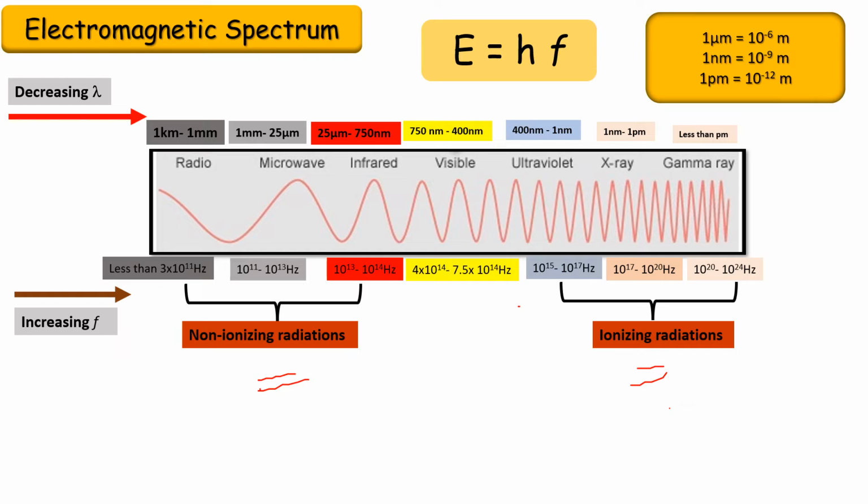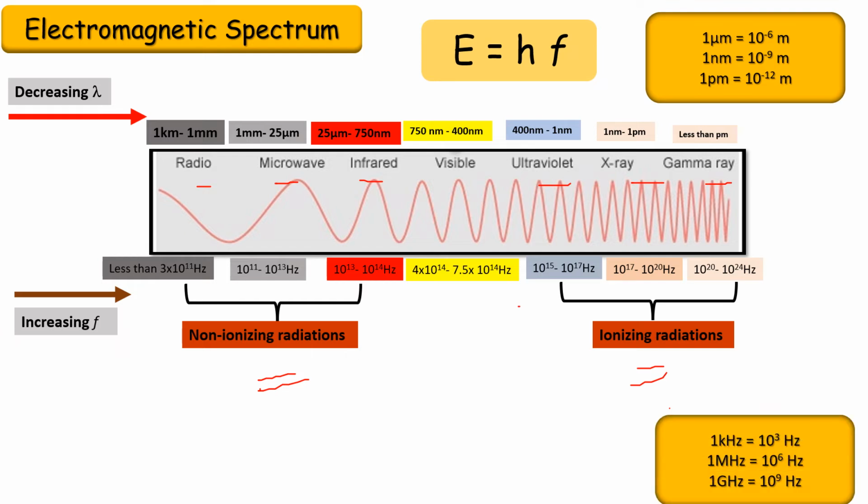So this you should remember. Ultraviolet, X-ray, gamma ray are known as ionizing radiations because they have high energy due to high frequency and hence they are able to remove the electron from the atom. Whereas the radiations to the left of the visible region, that is radio, microwave and infrared, are known as non-ionizing radiations.